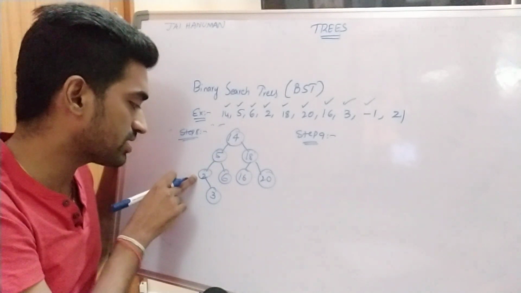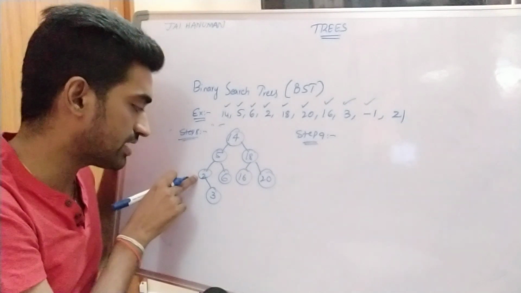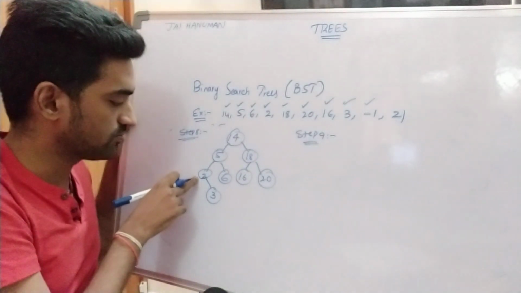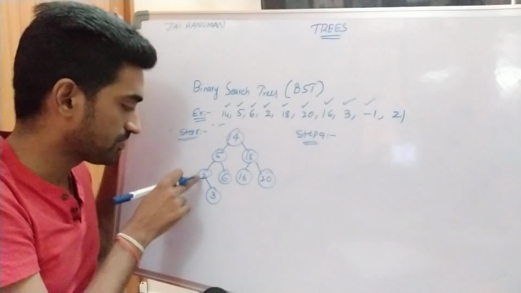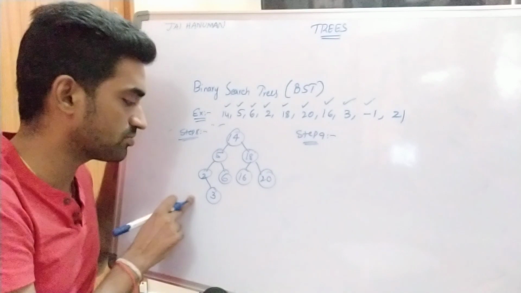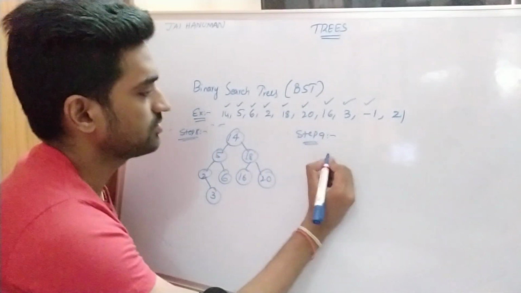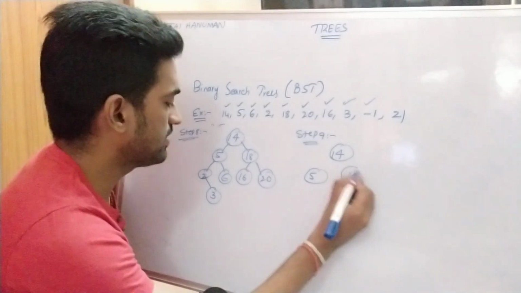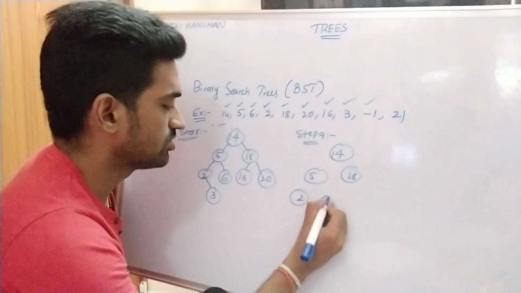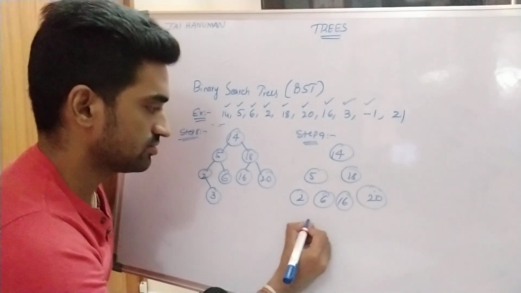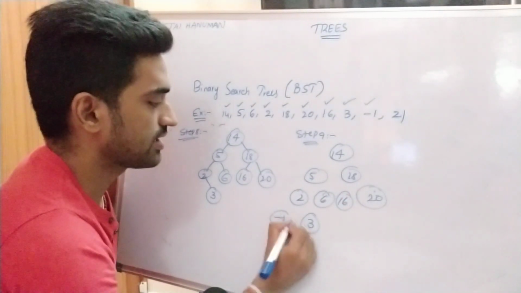For this left subtree, what is the root node? 2. When compared to 2, this is less, so we place it at the leftmost position of this subtree, because this is a vacant position, right? So here 14, 5, 18, 2, 6, 16, 20, 3, minus 1.